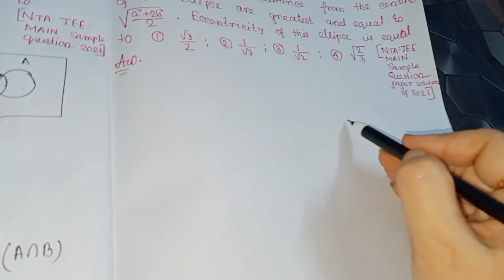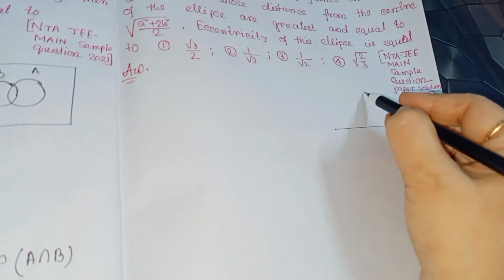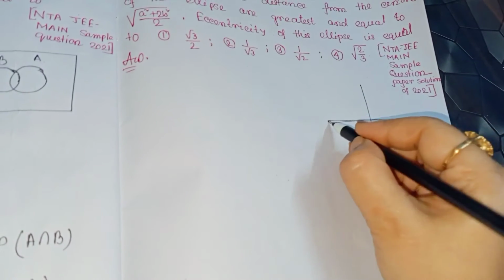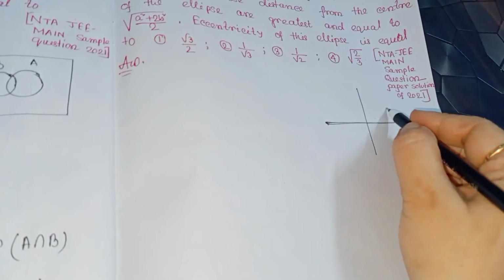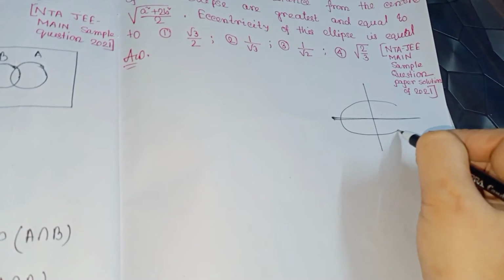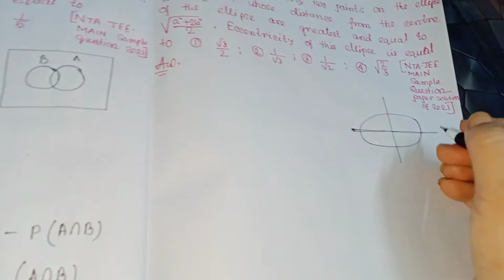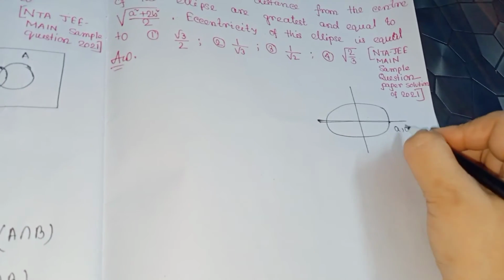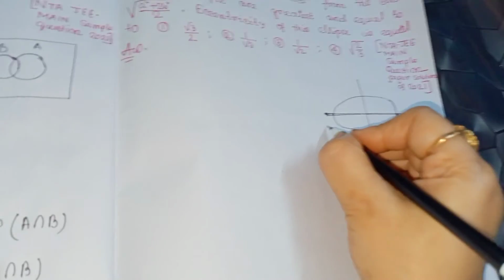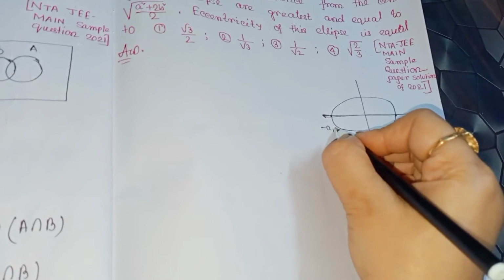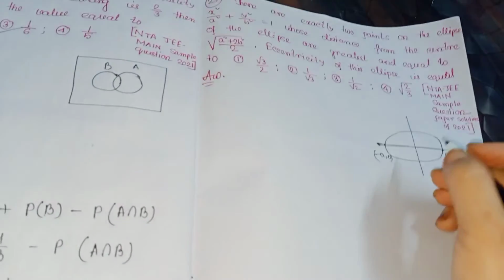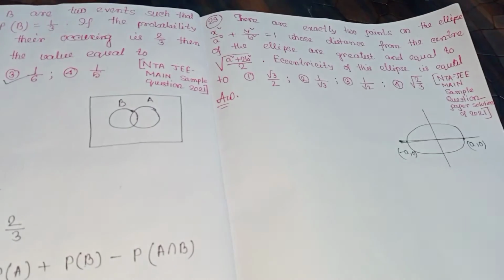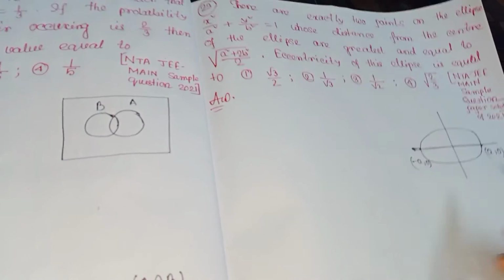So just draw the axis at first. This was the ellipse given, and this is (a, 0), and here we write (minus a, 0).